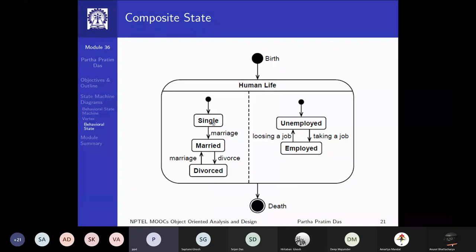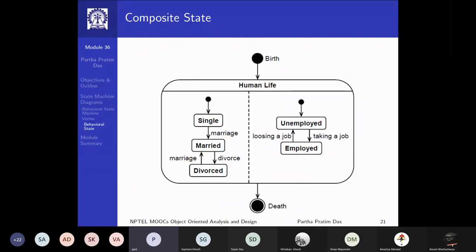So you are single, then you may get married, so you get into the married state. Unfortunately, some of us go through divorce or separation, so you get into this state. You can remarry and so on. So this is one set of substates and transitions that you can be in. At the same time, you could be in another, and that is the reason it is orthogonal. So this is talking about one aspect of being in the human life.